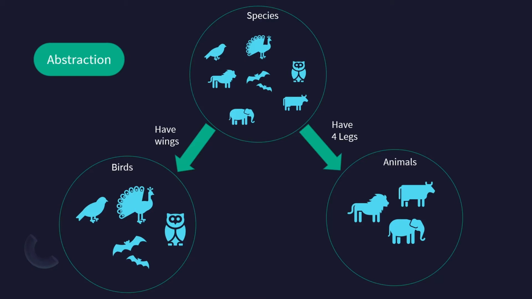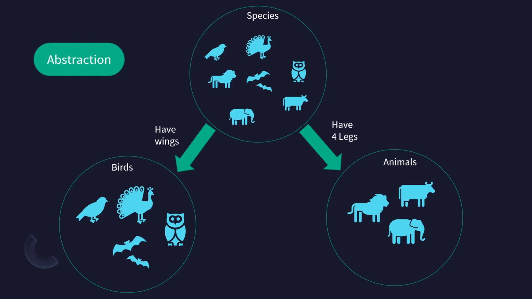Now when you create classes, you create a class for species, and then the child class is going to be your bird, which inherits from species. Similarly, animal is another class which inherits the properties of species.